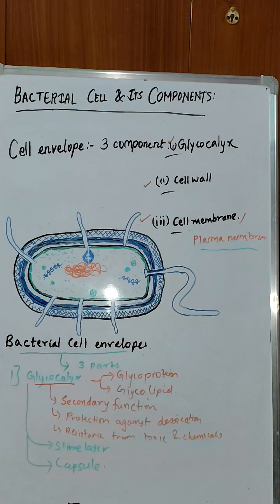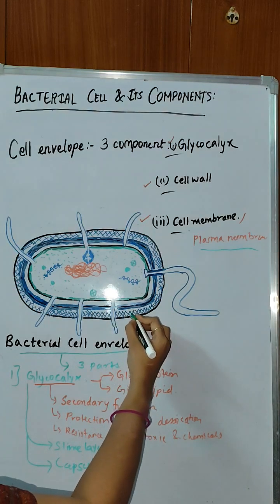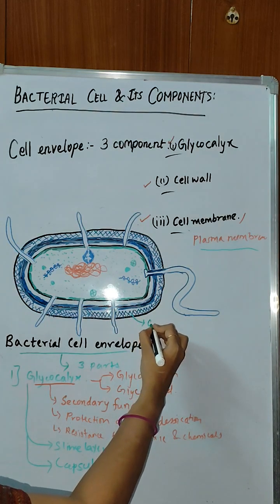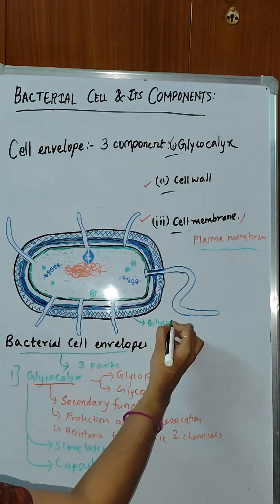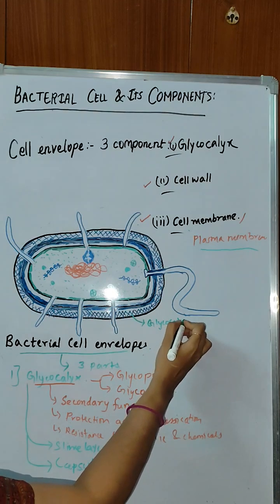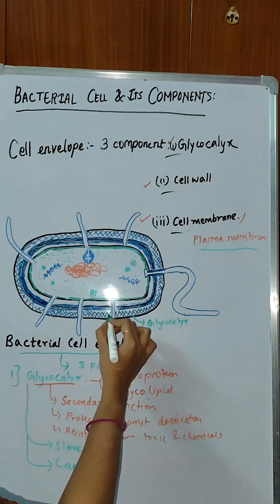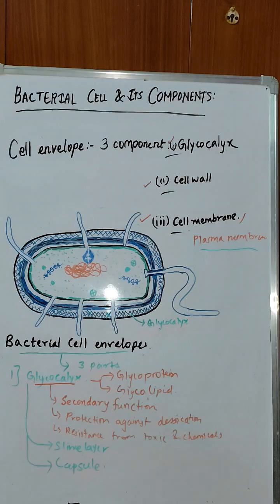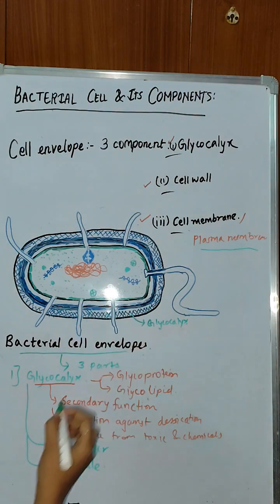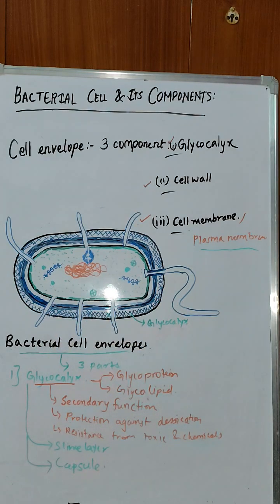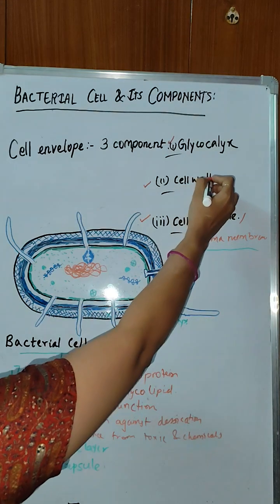Now, in this diagram we can see this part is glycocalyx, the outermost one. Then we can see the next layer, that is your cell wall.